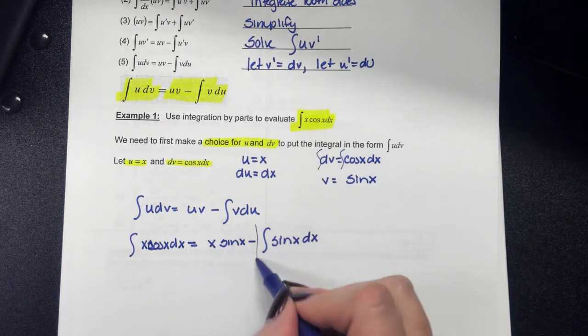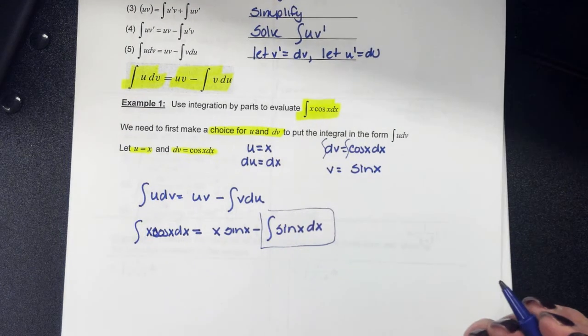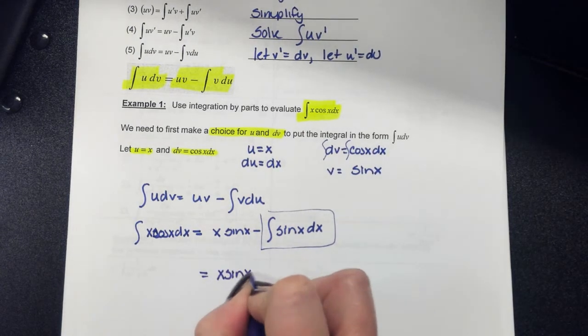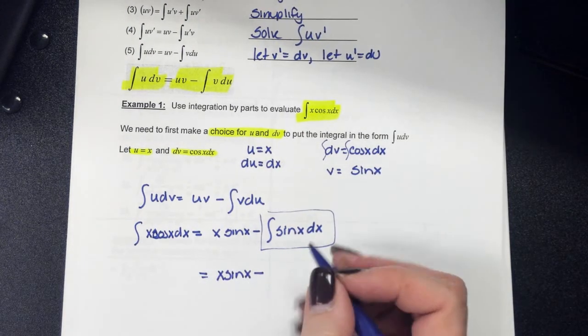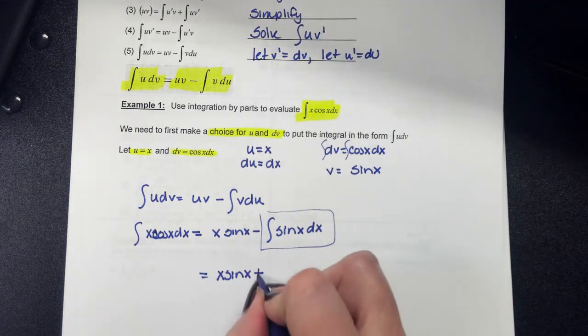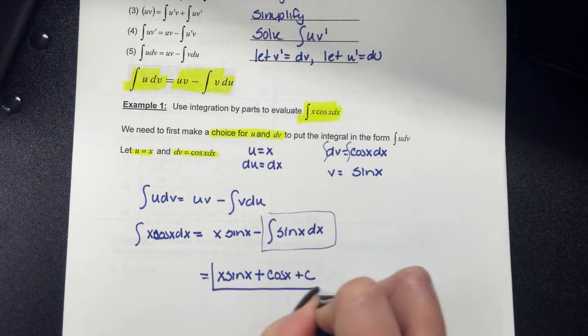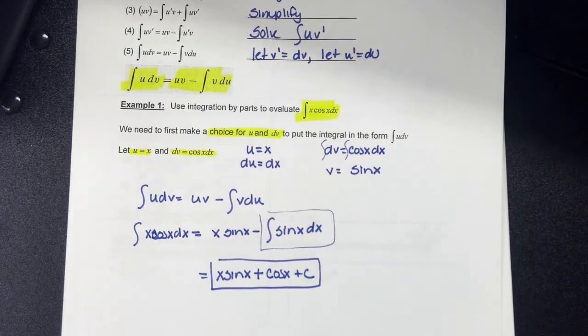The only thing left to do is integrate. So I have x times sine x minus, and I know the integral of sine x is a negative cosine x, so that becomes a plus cosine x. And again, I'm dealing with an indefinite integral, so don't forget to add your c.